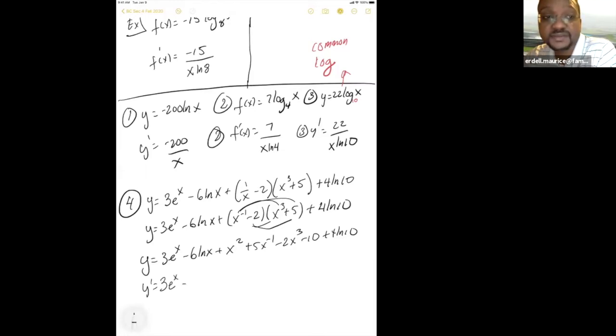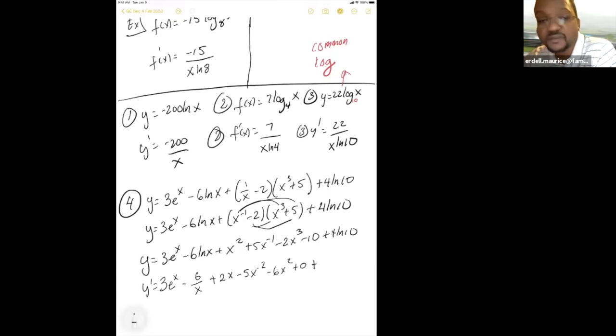The derivative of 6 ln of x is 6 over x. The derivative of x squared is 2x. The derivative of 5x to the negative 1 is negative 5x to the negative 2. The derivative of negative 2x cubed is minus 6x squared. The derivative of negative 10 is 0 because it is a constant.